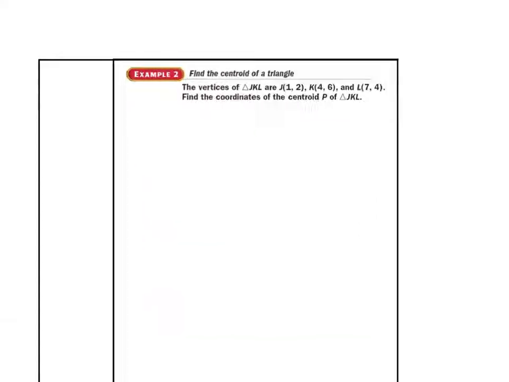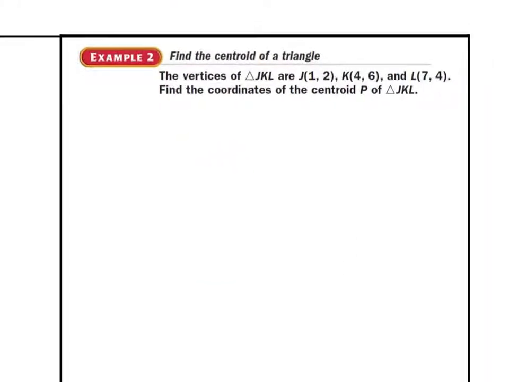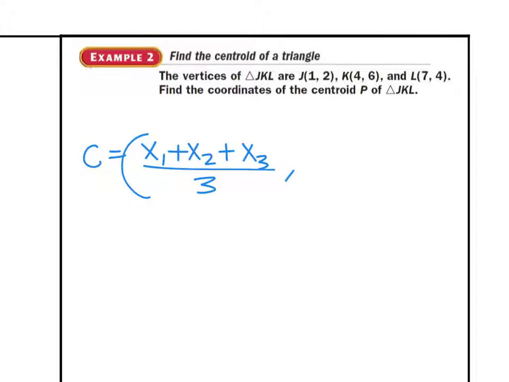So to find the centroid, you add up all three x values, and there's 3 of them, so you divide by 3 to average. You add up all 3 y values. You divide by 3 to find the average. So just plug in your x values now, plug in your y values, average them. You might not even have to write this step out necessarily. You could do it in your head. I'll write it out.